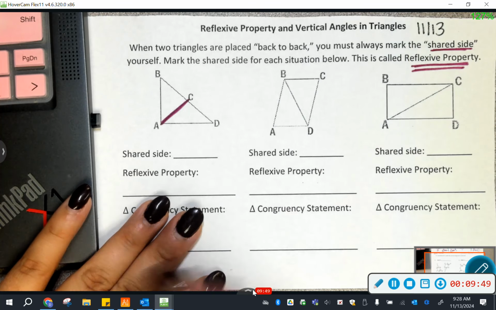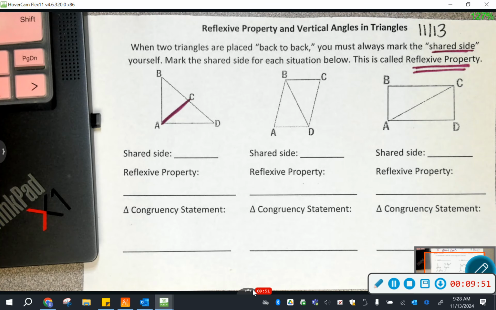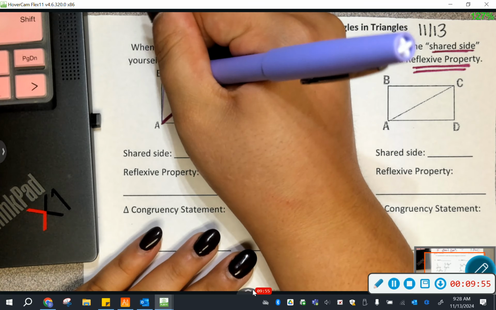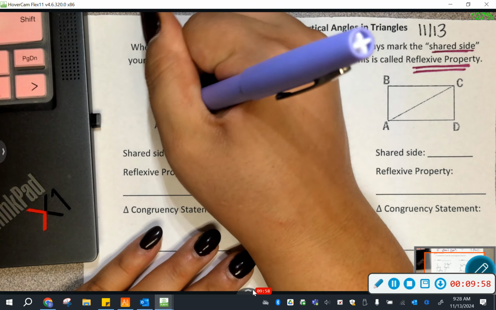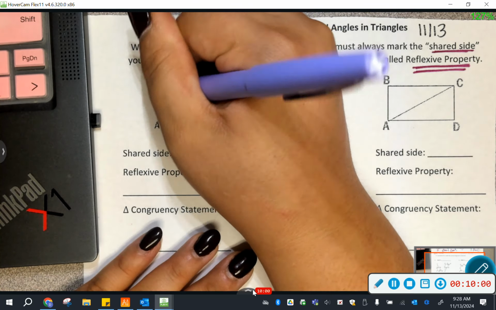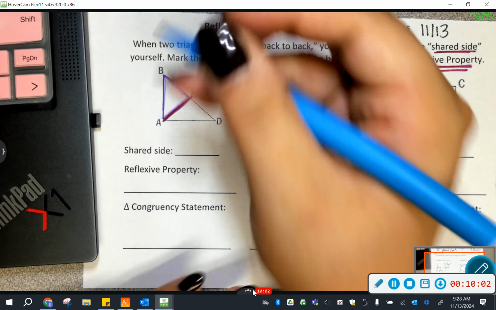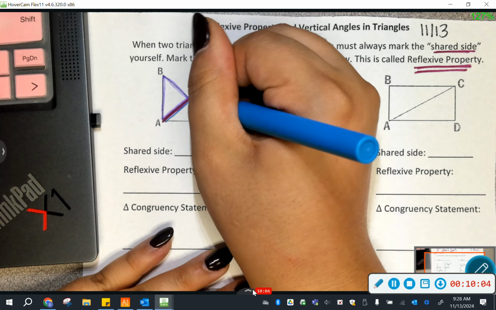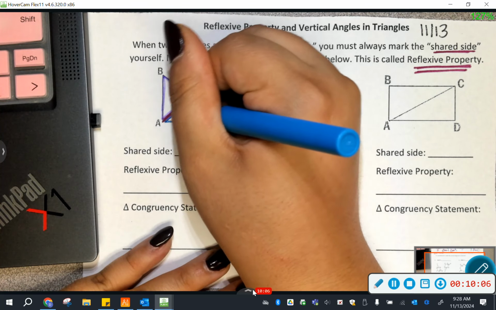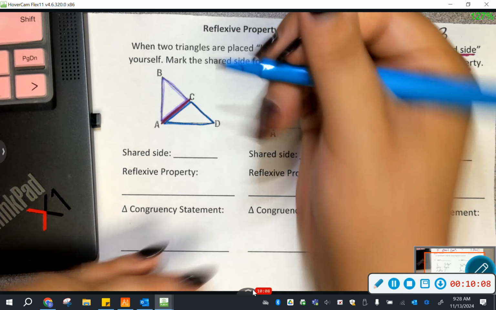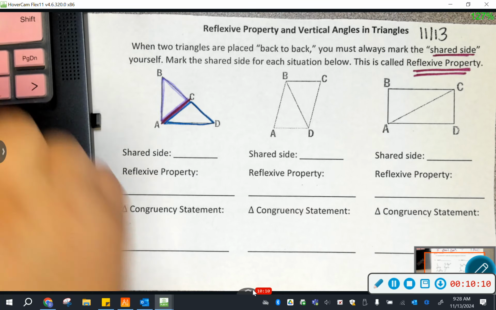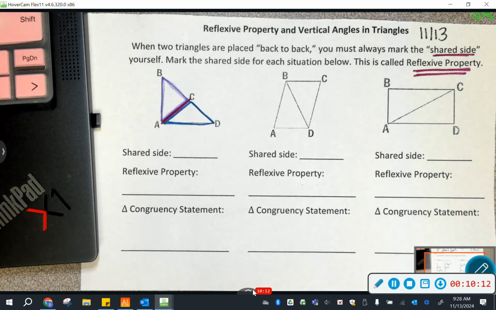And what the reflexive property states is: do you agree I have a purple triangle right here, and a blue triangle over here? Because I have two triangles and because they share the same side, that side is going to be the same length on both triangles.